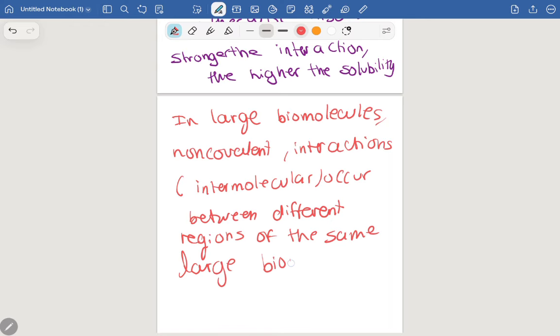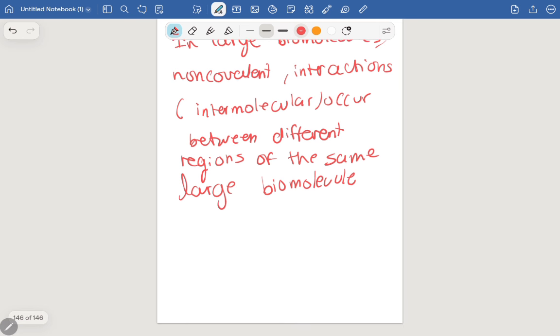Some examples of these are, of course, DNA and proteins.